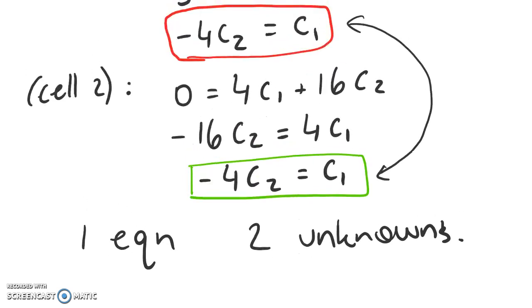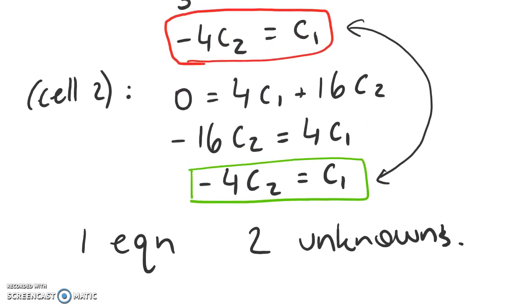Infinitely many solutions means that we definitely have a non-trivial solution. The trivial solution was just for our c1 and c2 to be 0, but we definitely have at least one non-trivial solution that gives us the 0 vector. An example solution to this one would be if we just set c2 to be anything we like. So let's keep going.